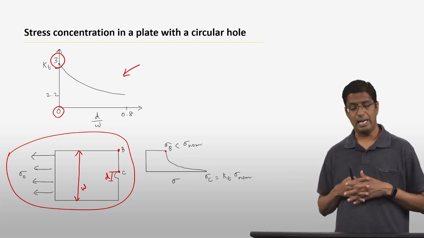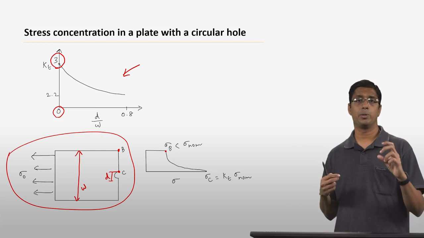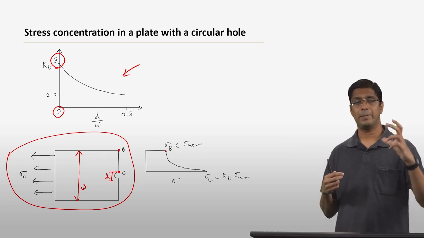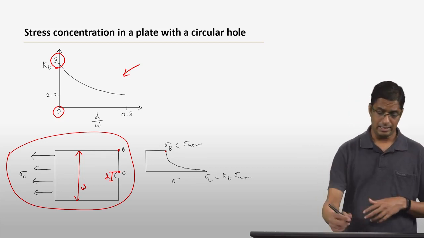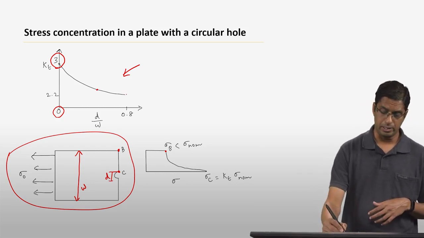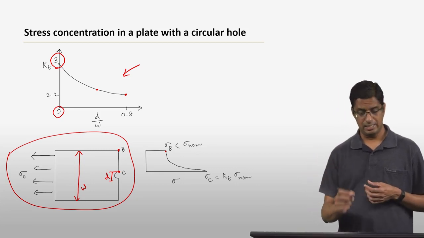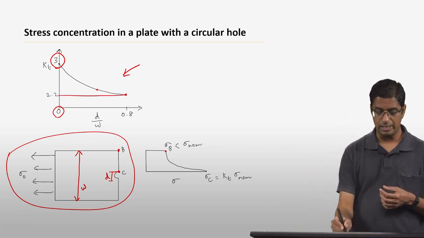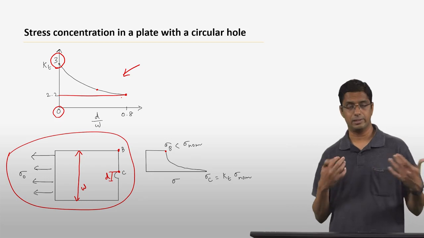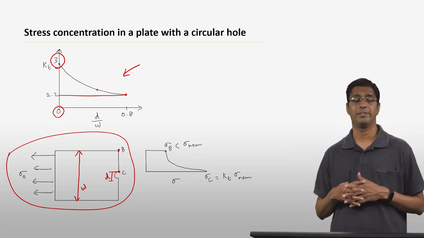But as you increase this D over W ratio, so the hole gets proportionally larger compared to the width, then the stress concentration factor keeps reducing. If you get to about a D over W ratio of 0.8, the stress concentration factor is going to be around 2.2. Again, this is just an empirically derived curve. So that is how the stress concentration factor looks.